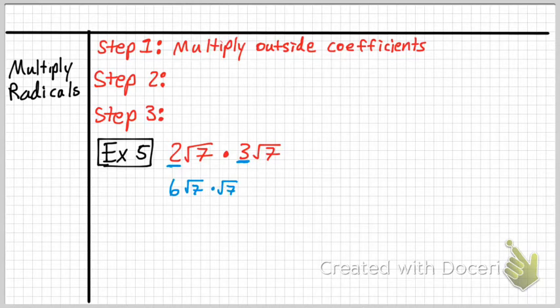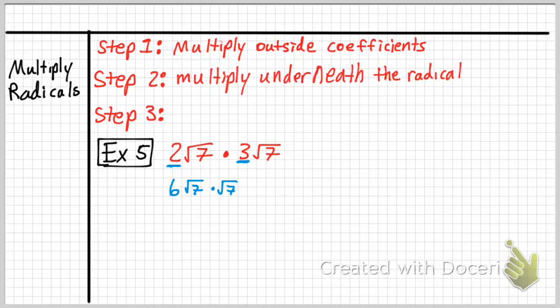So now we're here. Then we want to multiply whatever is underneath the radicals. So again, we're going to take our two new things. So we've got 6 times the square root of 7 times the square root of 7. So this becomes 6 times the square root of 7 times 7.